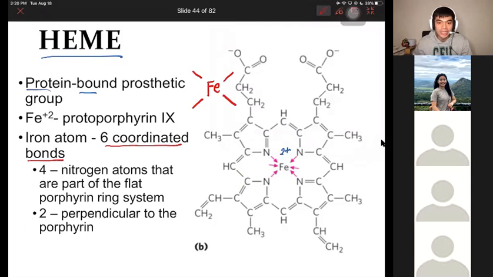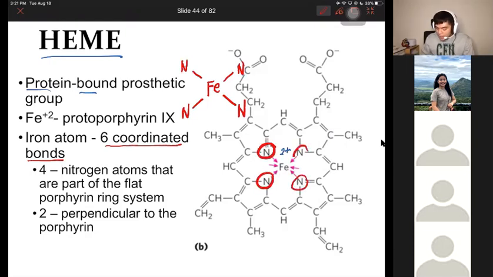Tapusin ko lang yung itsura ng heme tapos continue tayo bukas. Okay. So ilan ang coordinated bonds ng iron? 6. So 4 doon is for nitrogen. Okay, nitrogen. So anong goal ng 4 na nitrogen na nakadikit sa iron?